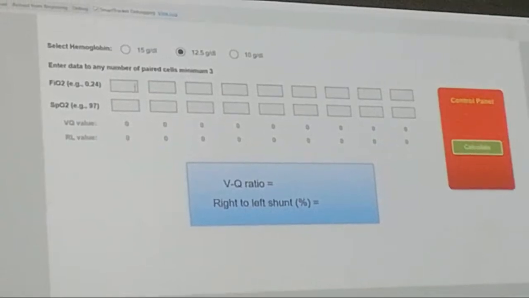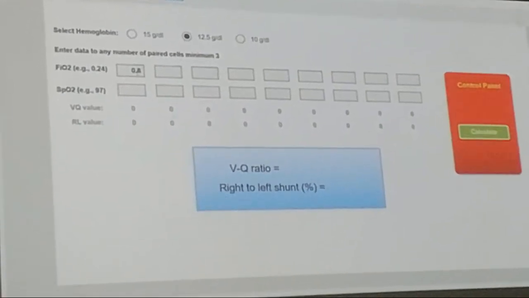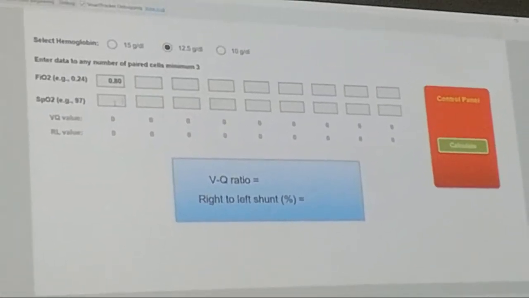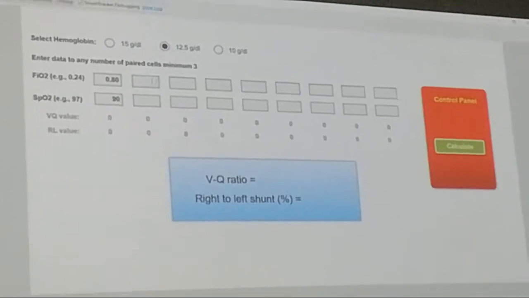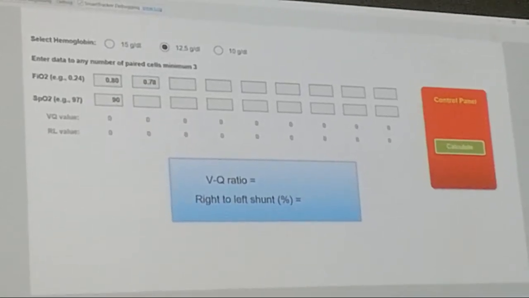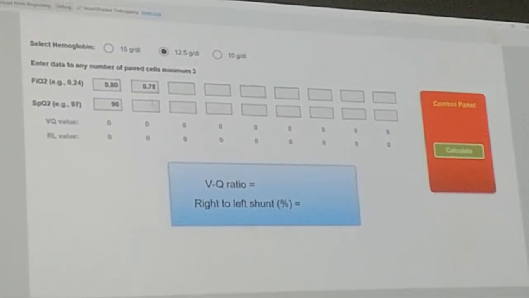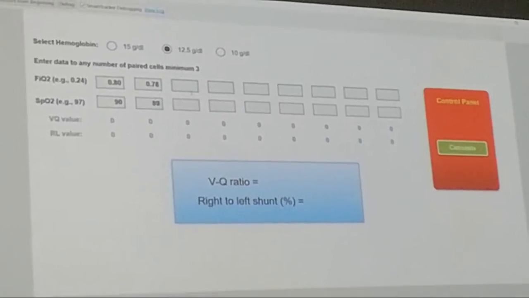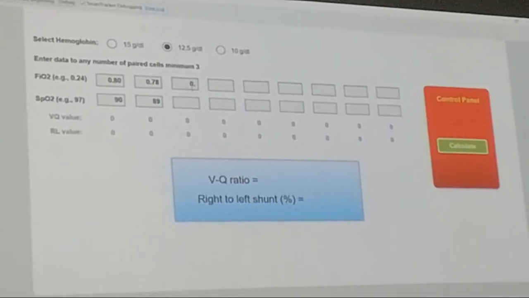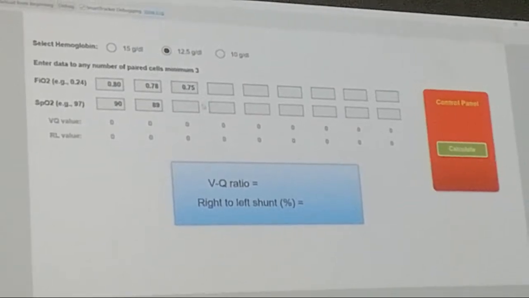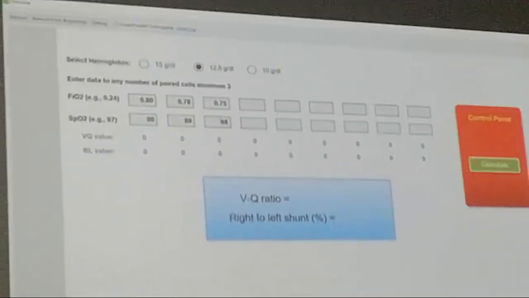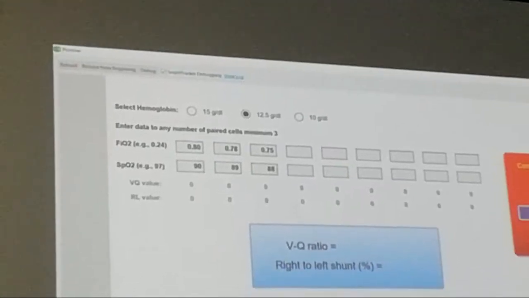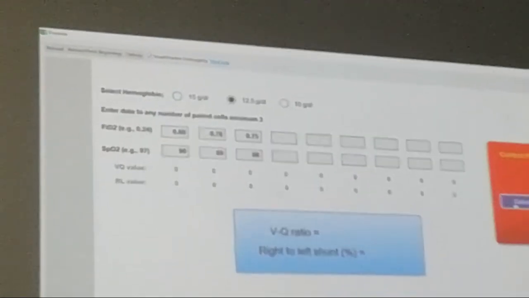Then you have to manually enter the paired values of the fraction of inspired oxygen and the parallel arterial oxygen saturation. You need at least 3 paired values, as you can see. Then click Calculate to get the results.